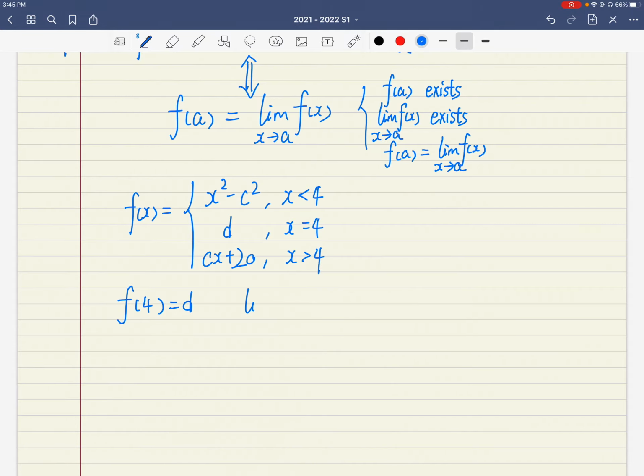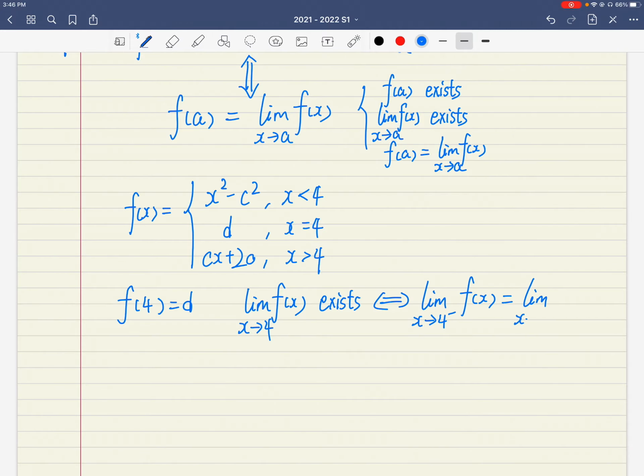Then you want to know what is the limit of the function when x is approaching 4. The limit of the function exists if and only if the limit from the left is equal to the limit from the right.